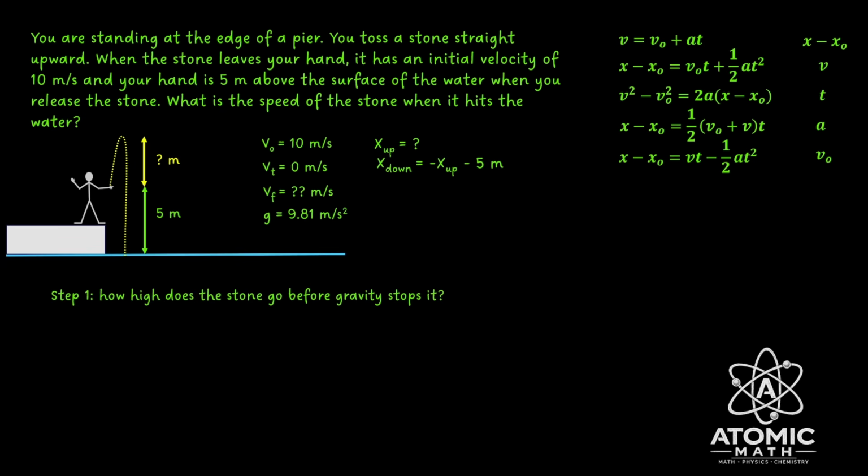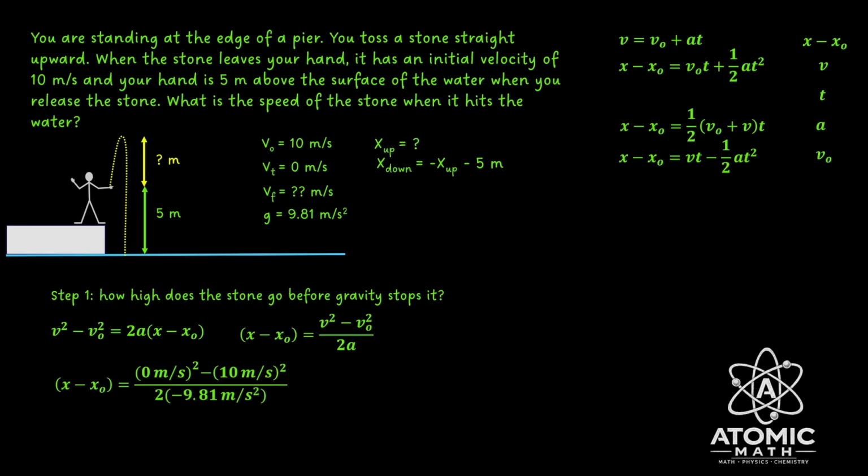So our first step is to see how high the stone goes before gravity stops it. So we're going to use this equation right here because nowhere in this question have I mentioned time. So we want to use the equation without time: velocity squared minus initial velocity squared equals 2a times our distance. All right, so we can rearrange this to solve for our distance.